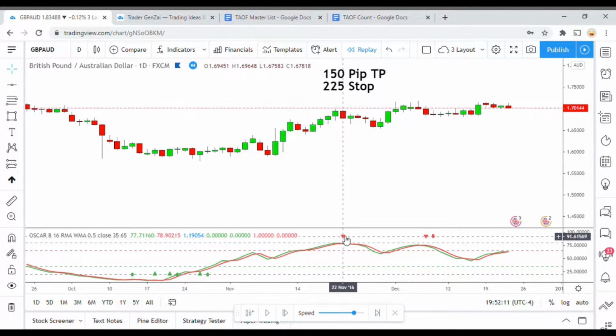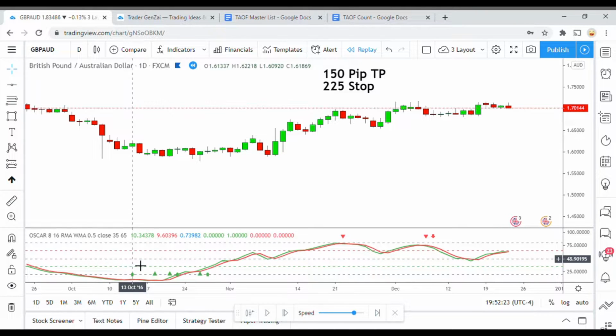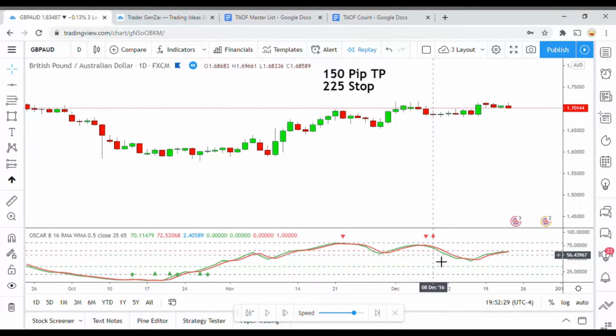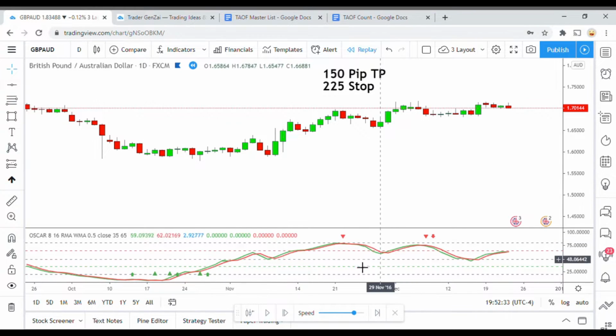Now, the triangles are where the two lines cross, and the arrow is kind of an optimal position for us to take a trade. So whether it be long or short.